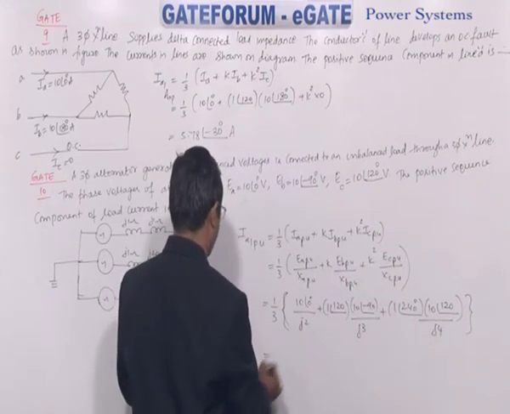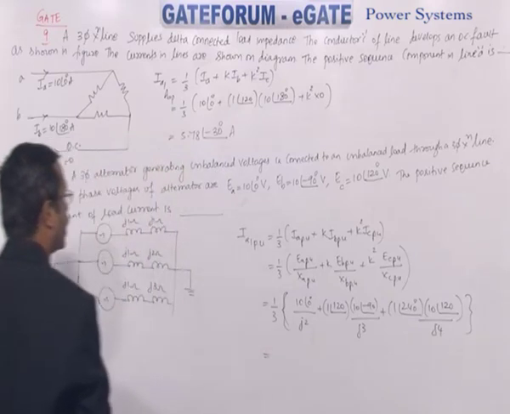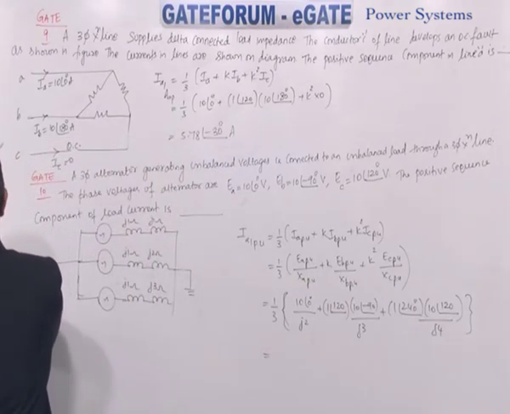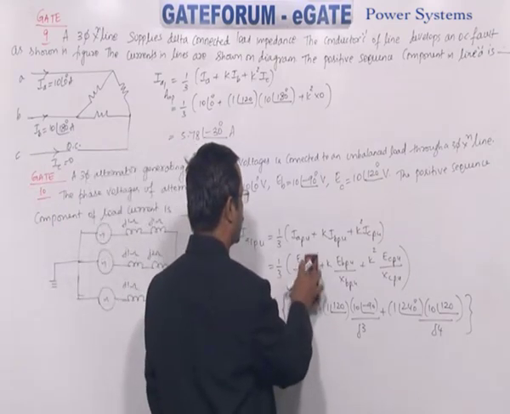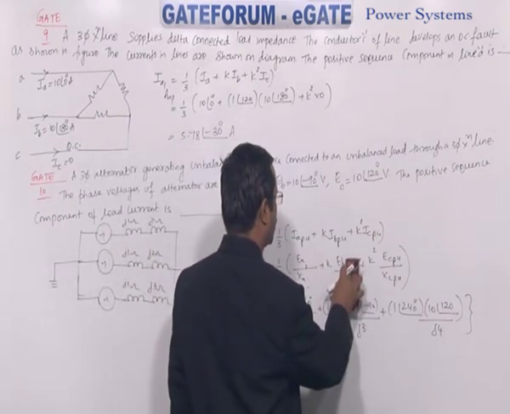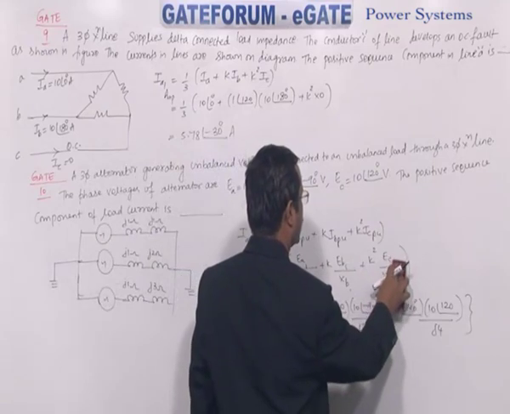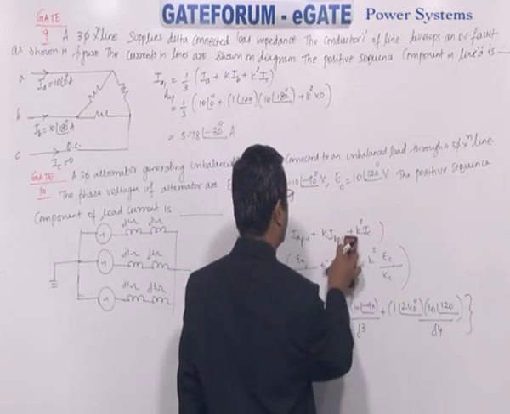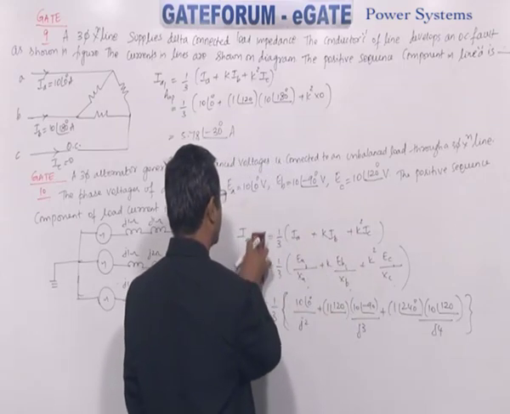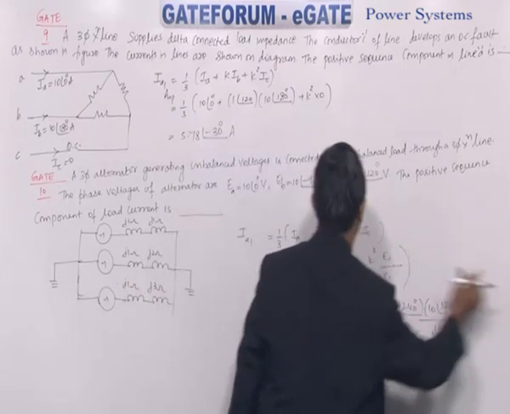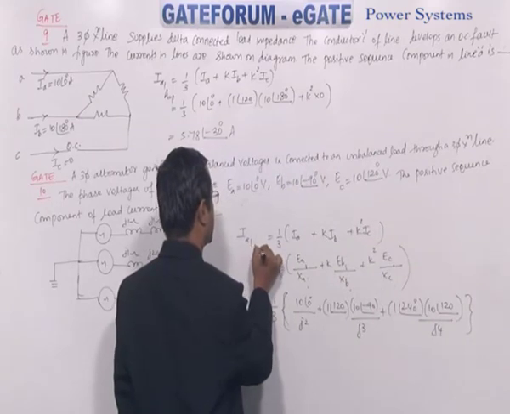So we have to find this and check the values now. All the values are given in volts and ohms, so there is no need to specify per unit. You will get the answer in amperes.